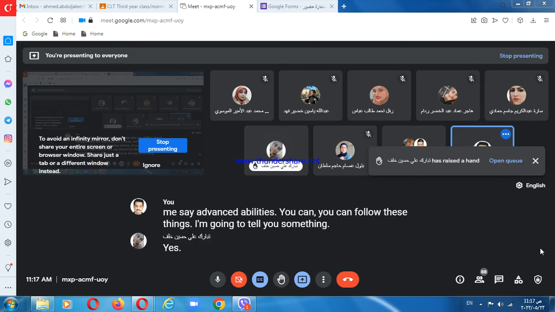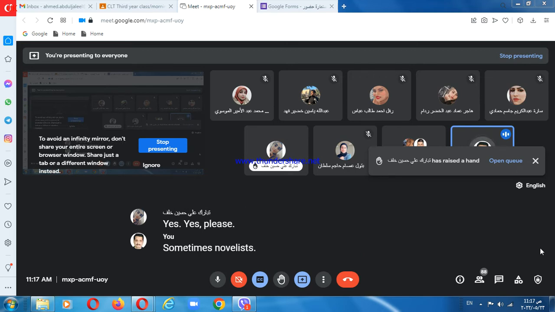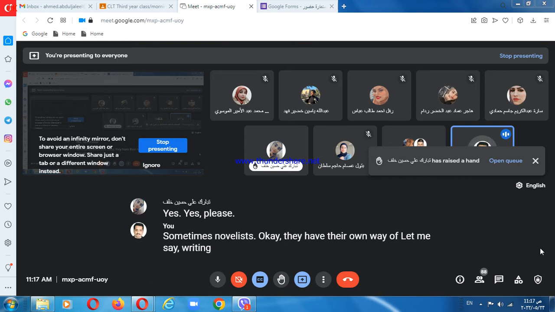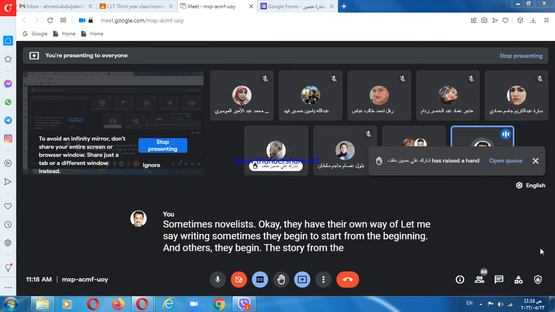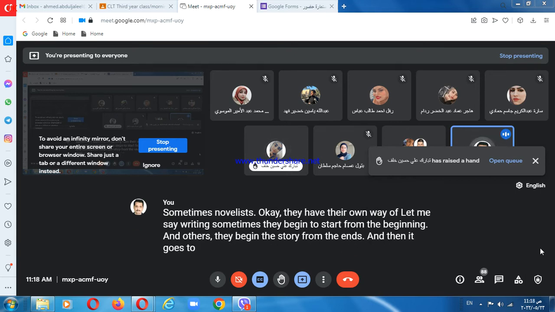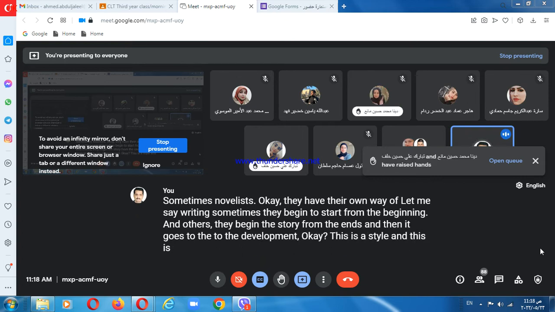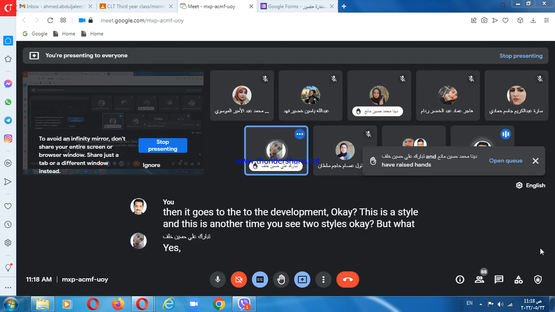Sometimes novelists have their own way of, let me say, writing. Sometimes they begin the story from the beginning, and others they begin the story from the end, and then it goes to the development. This is a style, and this is another style. You see, two styles.